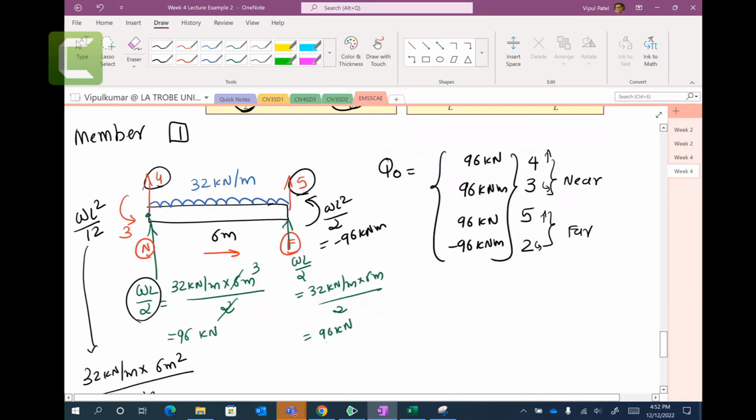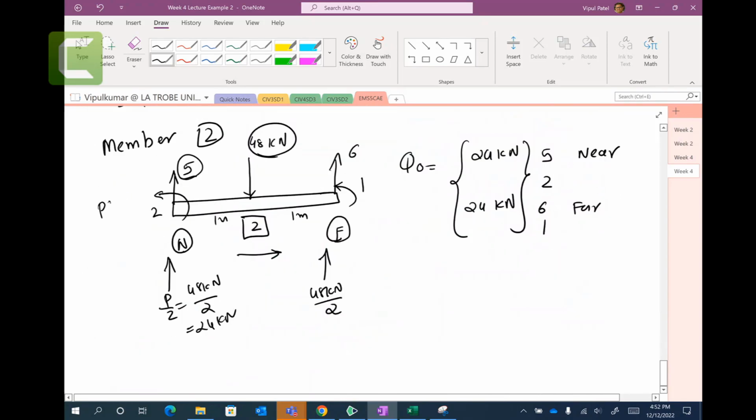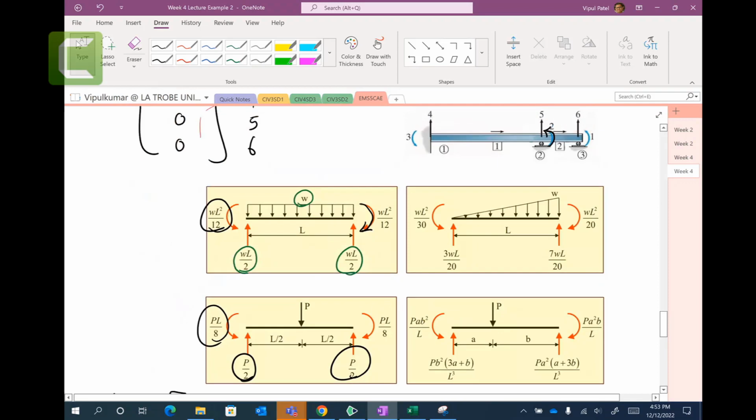Number 2, PL on 8. So 48 kilonewtons, 2 meters over 8. So that would be 12 kilonewton meters. So that would be 12 kilonewton meters positive, and that would be negative because look at this sign.